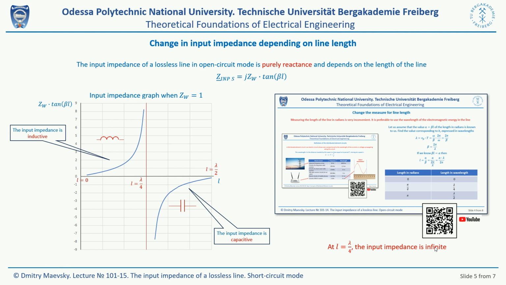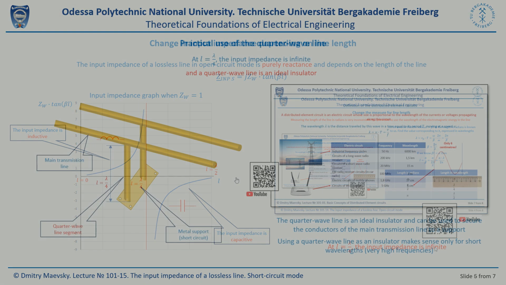But at the beginning of our course, we mentioned that there are no electrical materials with ideal insulating properties. That's true, but a transmission line is not considered an electrical material. And we can harness this remarkable characteristic of the quarter wave line for our use.